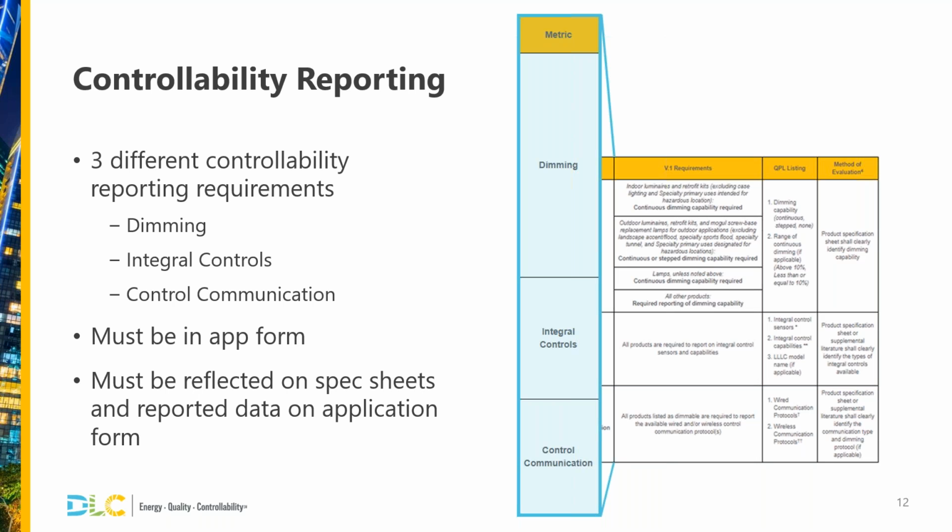So we need to ensure that whatever you're specifying as controllability capabilities on your spec sheet also reflects what you have in your application form. More detail on the PUDs that require these controllability capabilities are located in the technical requirements in the sections that are highlighted here.